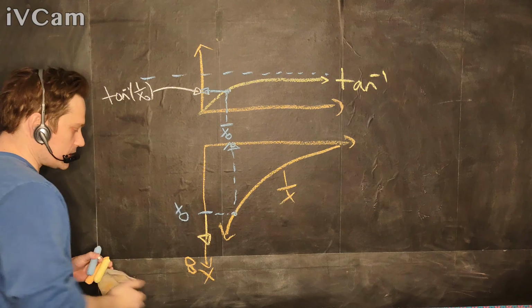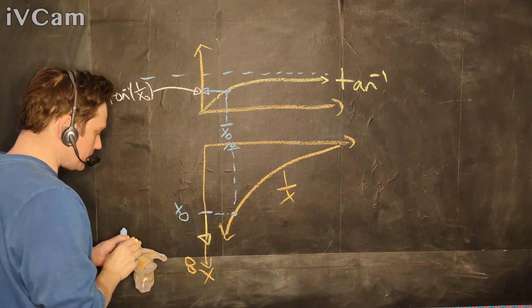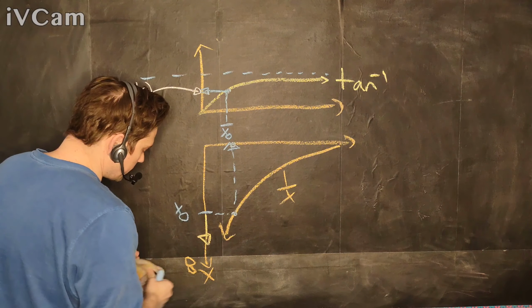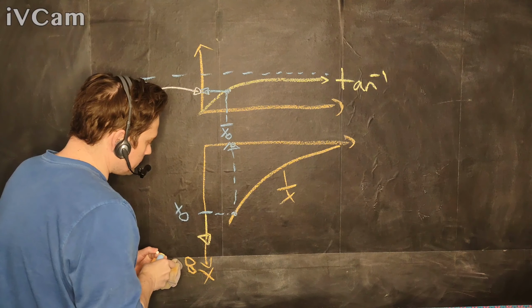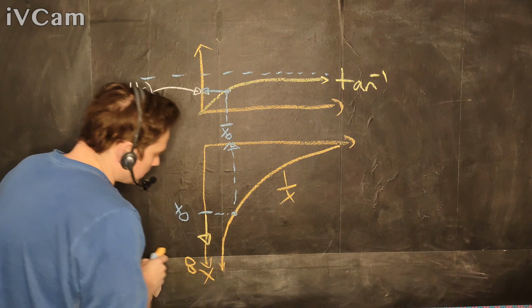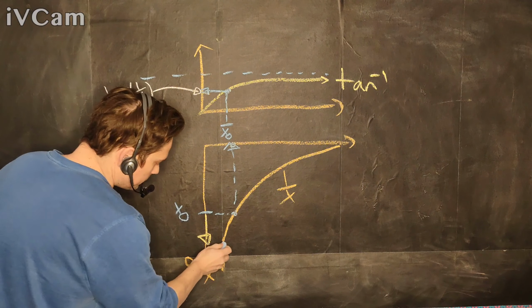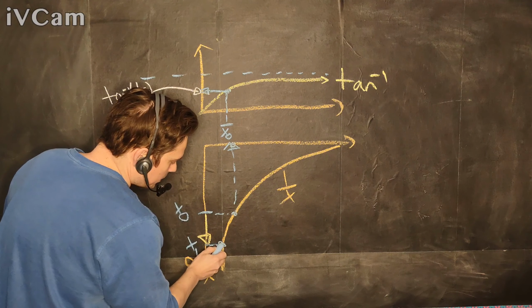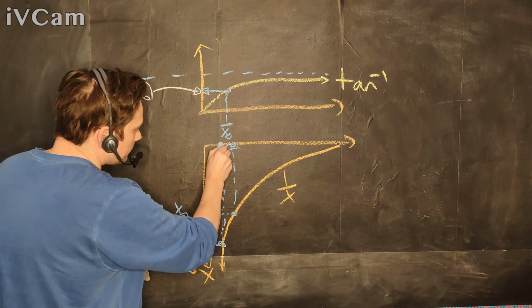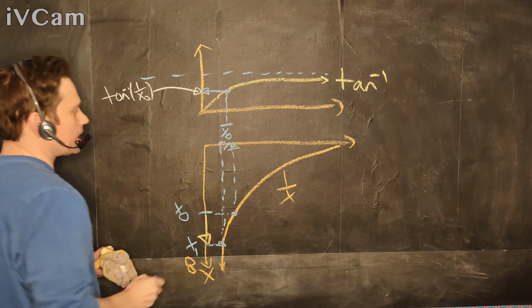Look what happens next. So we're going to let x continue going towards positive infinity, towards different values. So let me take this and just extend it down a bit more. So like this. There you go. Grab a different value of x now. So we'll call this x1. It's going to bounce off the curve and then it's going to come over here. It's going to get output right there.